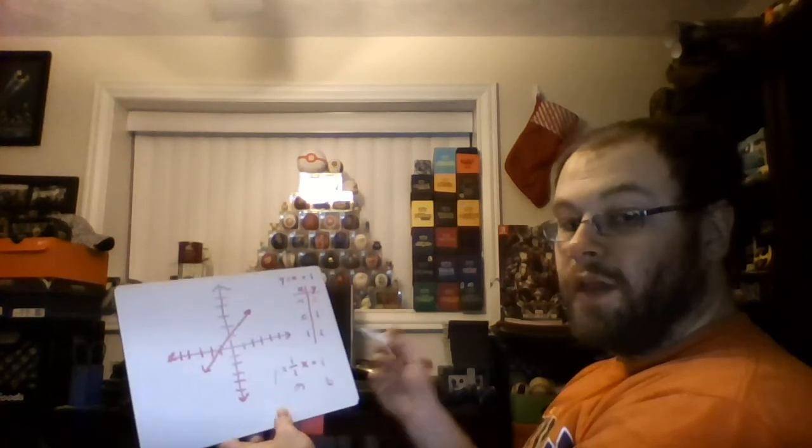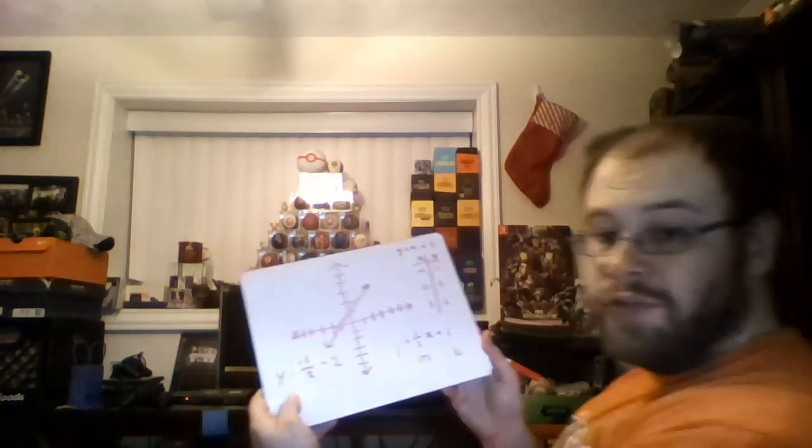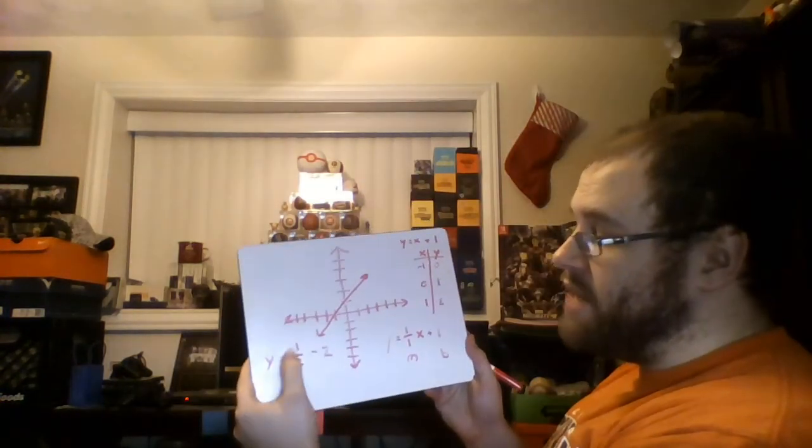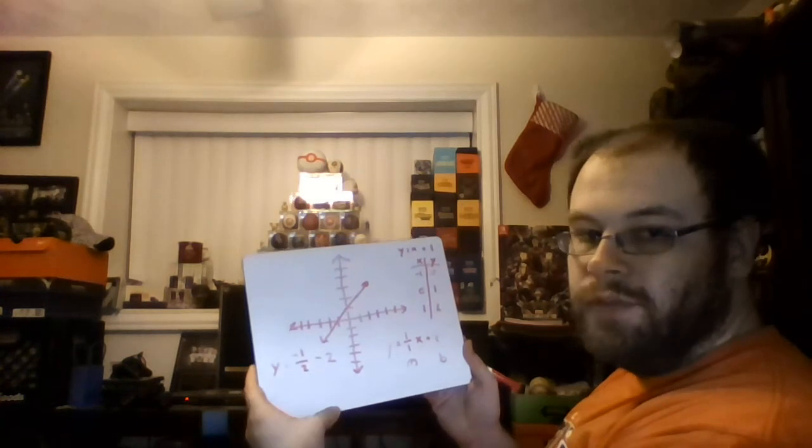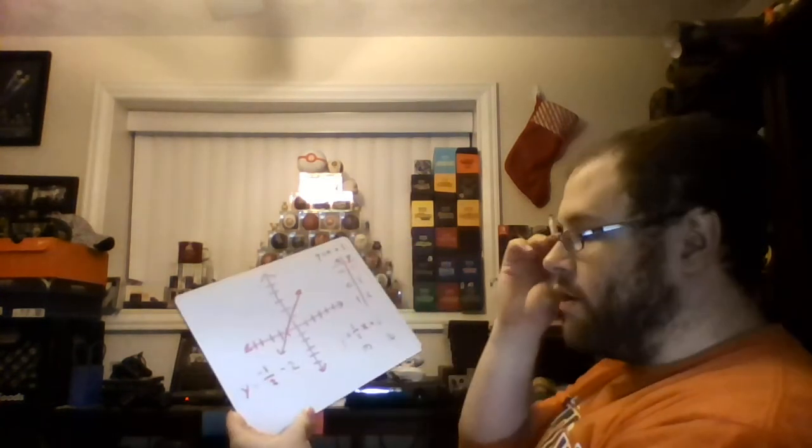Pretty cool. Let's do another line really quick, and we'll just do the slope intercept version. Here's our new equation. It says y equals -1/2 x minus 2. Well, first we're going to find our y-intercept.